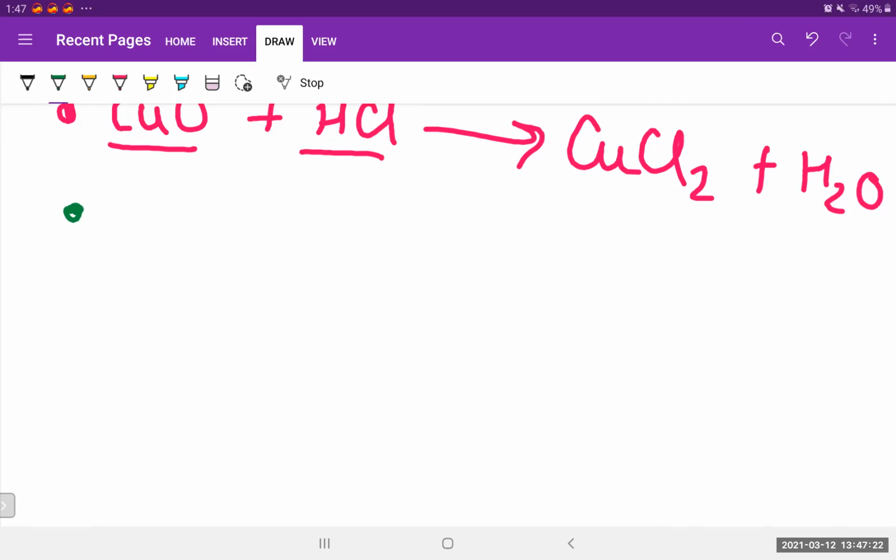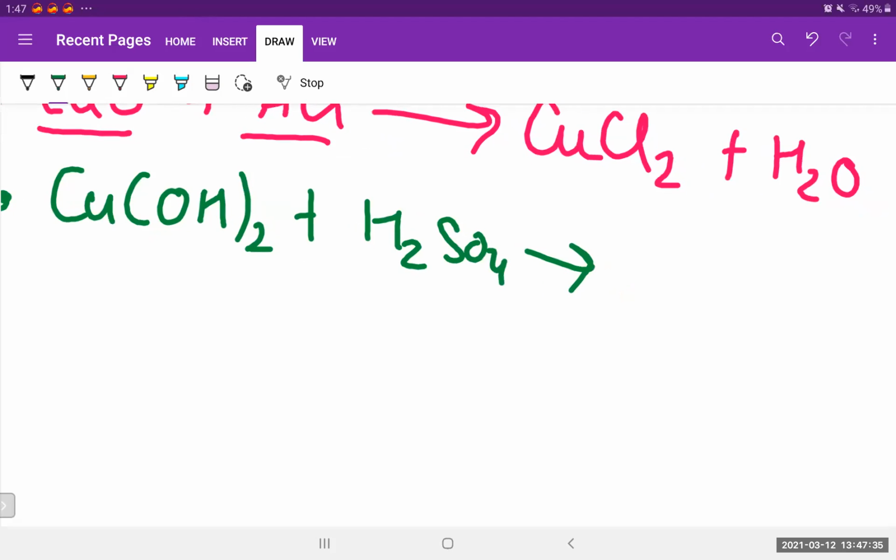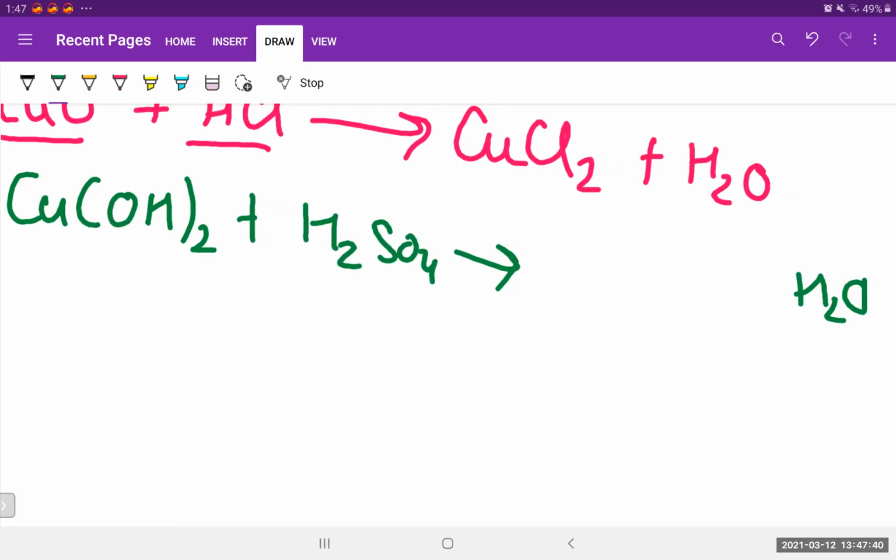Let's discuss another example. Let's take it from hydroxide. Let's take the hydroxide of copper only, Cu(OH)2, plus any acid. Let's take H2SO4. What will we get? We'll get again a salt and water. Let's write water first, because it's a complicated reaction. So H2O for sure we'll get. We have already utilized the H of the acid, and we have also utilized the OH, which has given us H2O.